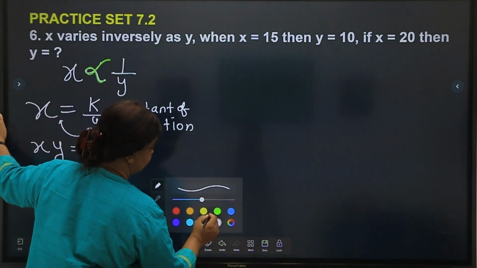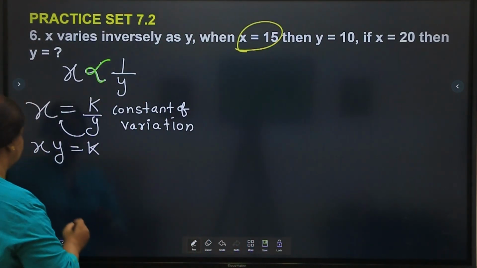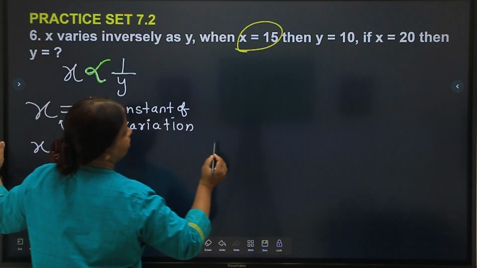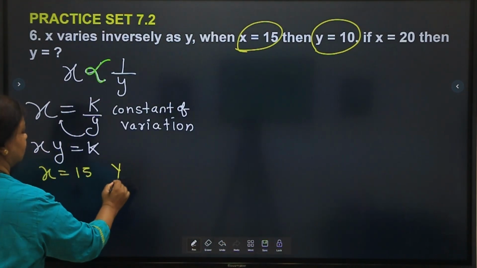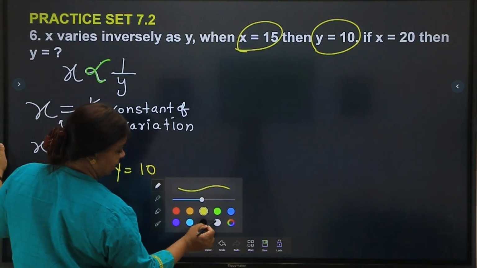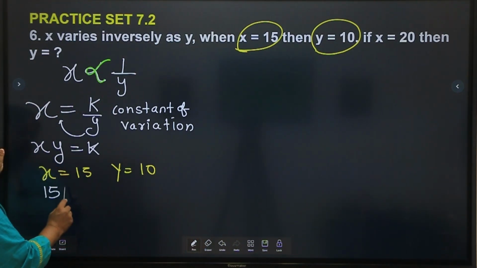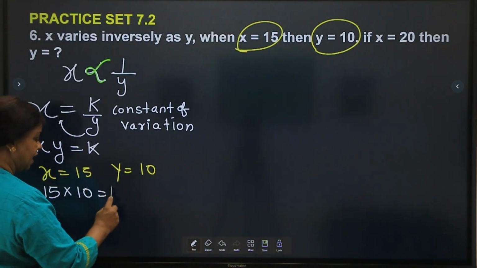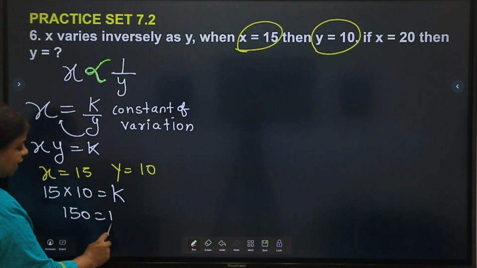It is given that when x is 15, y is 10. Place the values and we will get the value of k. x 15 into y, y is 10, is equal to k, that is 150, which is equal to k.